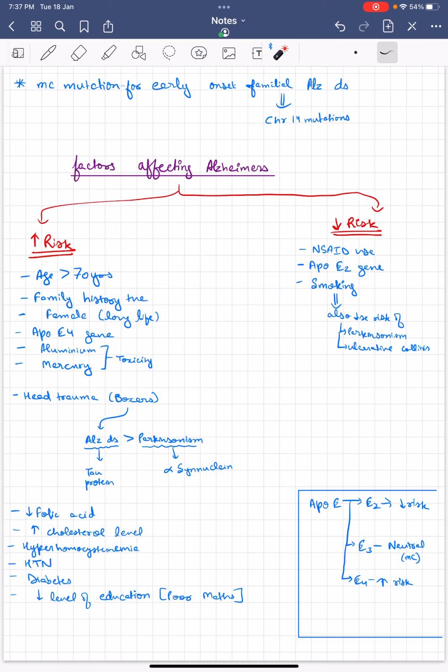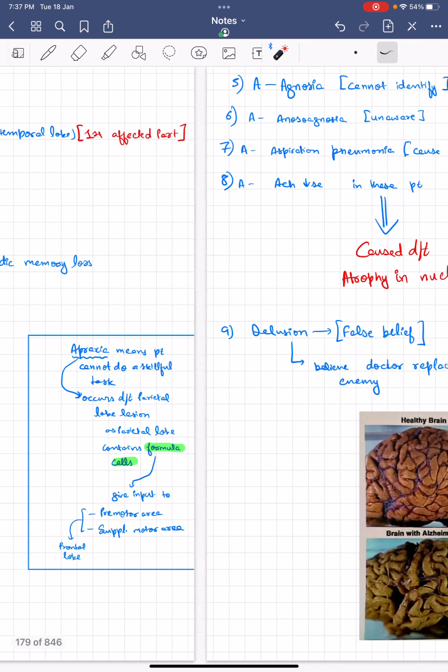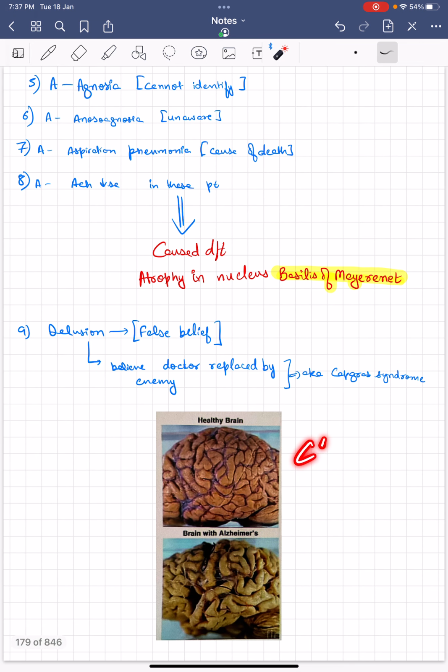Alzheimer's is more common than Parkinson's disease, hyperhomocysteinemia, or decreased level of education somehow. Clinical features: multiple A's. First of all, atrophy was seen in the hippocampus, followed by the temporal lobe, followed by the parietal lobe.